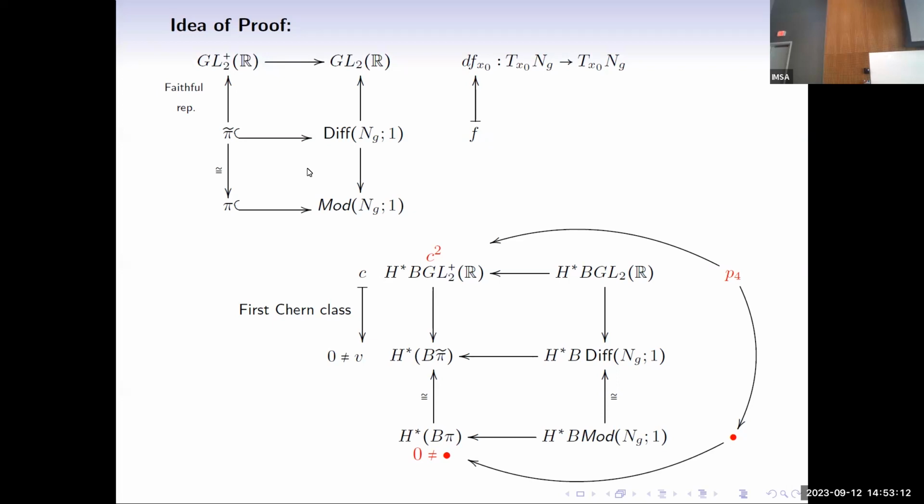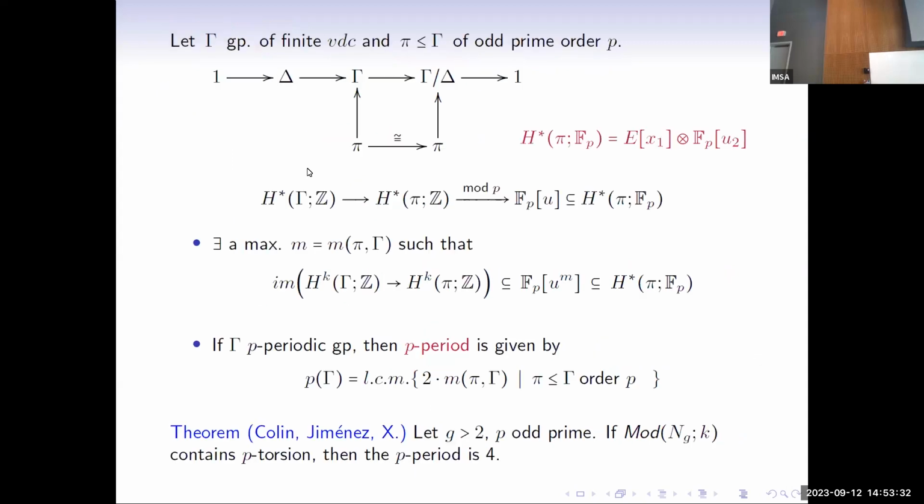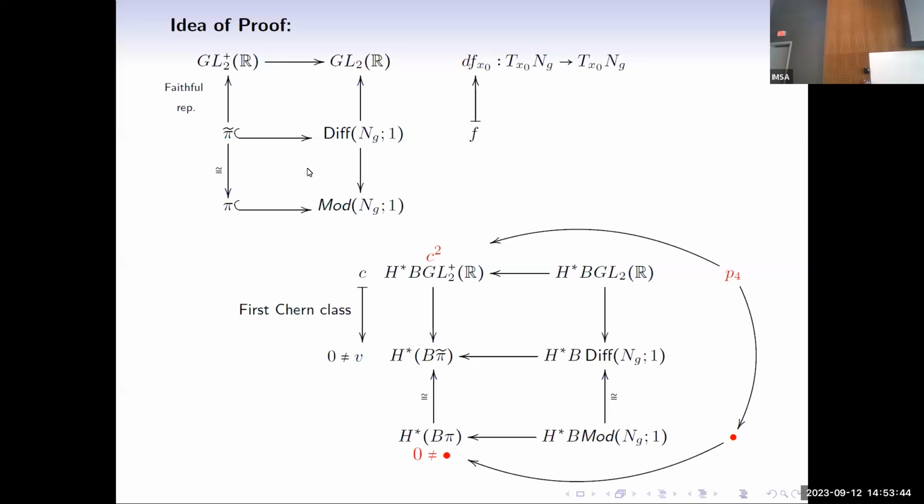And thus this class produces a class in the cohomology of the mapping class group that goes to a non-zero class in the cohomology of this C mod p, right? So this number we were hoping for here is 2 times 2, which is 4. So that gives us an inequality. So the p-period is going to be greater than or equal to 4.